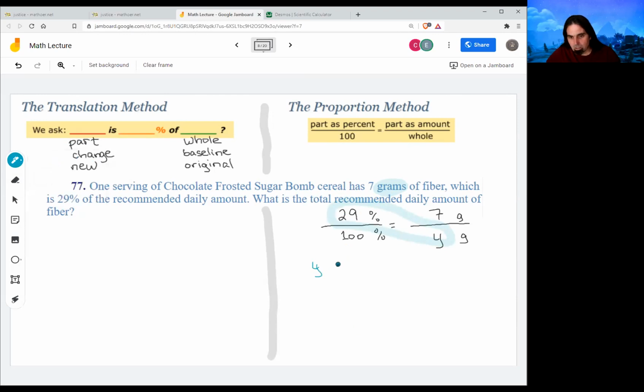y times 29. Does anybody want me to write the line that has 700 on that side, or are we skipping that always? We can skip it.